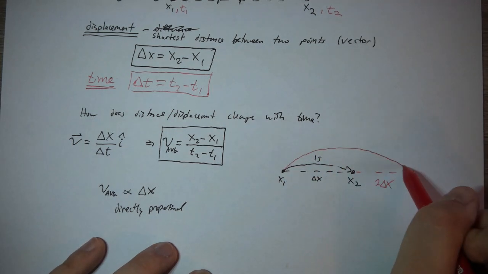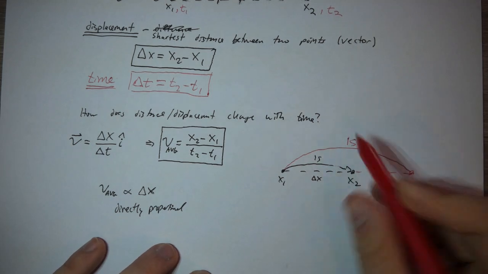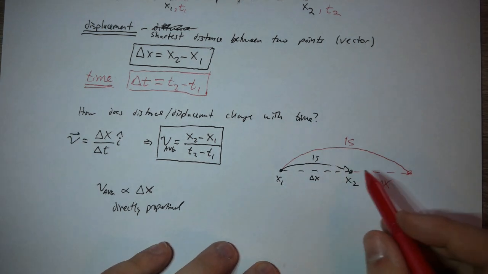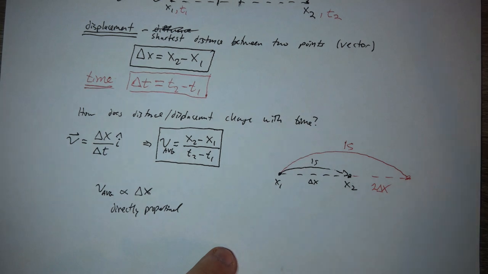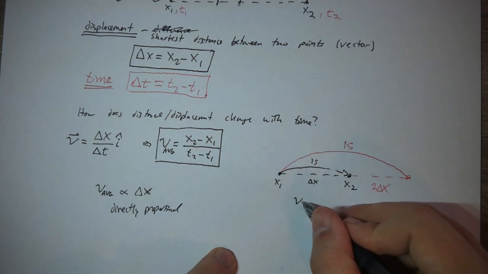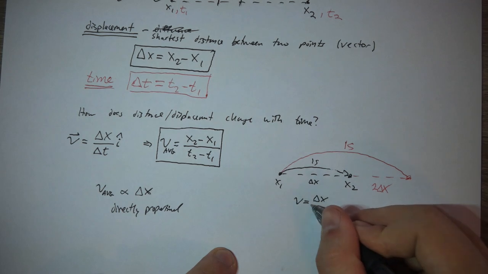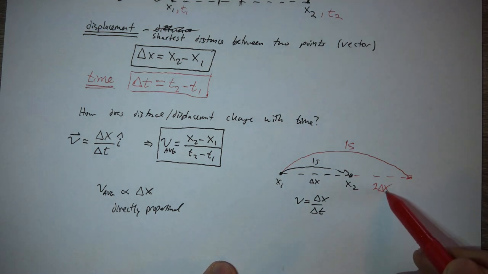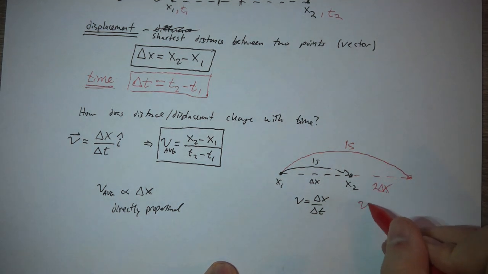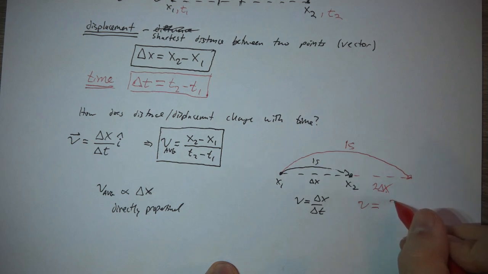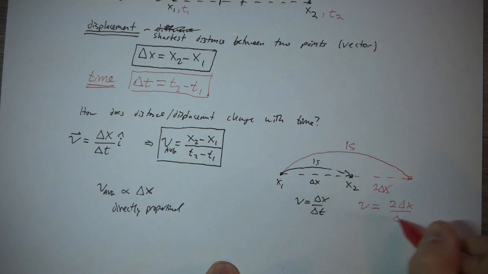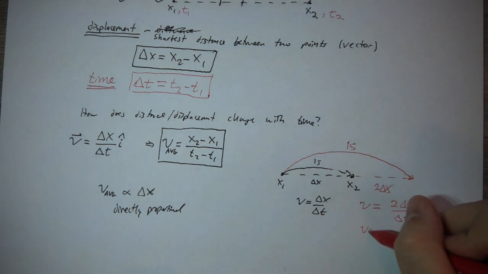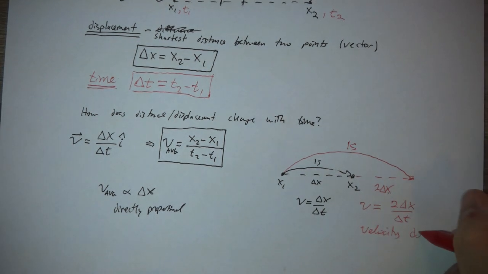And we travel that also in 1 second, so the time is the same, but we're doubling the distance. Then our first equation in the black is v equals delta x over delta t. But when we double the distance and keep the time the same, v is equal to 2 delta x over delta t. So velocity doubles.